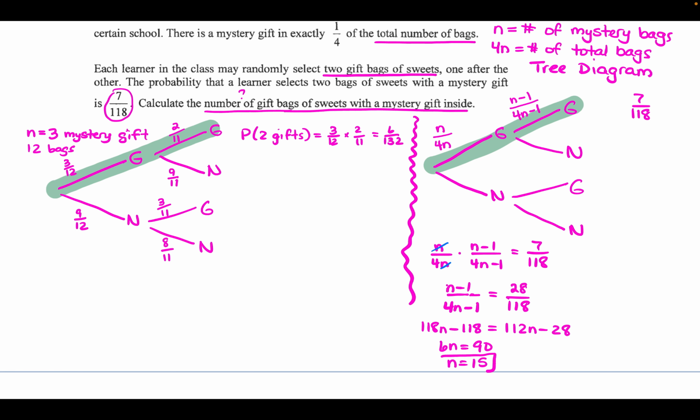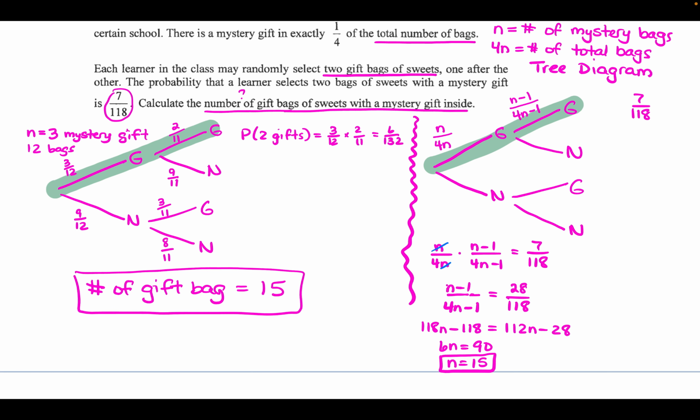And just be sure that what you find is what they're looking for. So yes, this was the number of gift bags with the mystery gift, which will be equal to 15. The total number of bags would be 90.